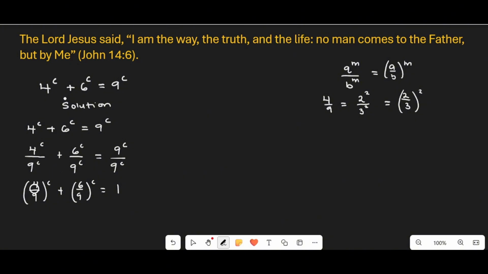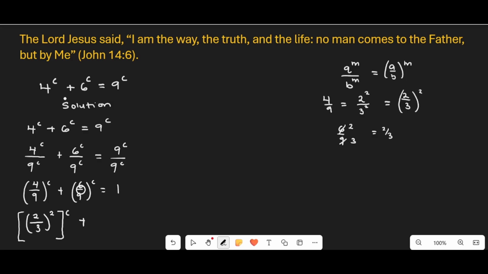So in place of 4 over 9, let us put 2 over 3 all raised to power 2, and all raised to power C, plus here we have 6 over 9. 6 over 9. 3 here we have 2, 3 here we have 3, which is equal to 2 over 3.